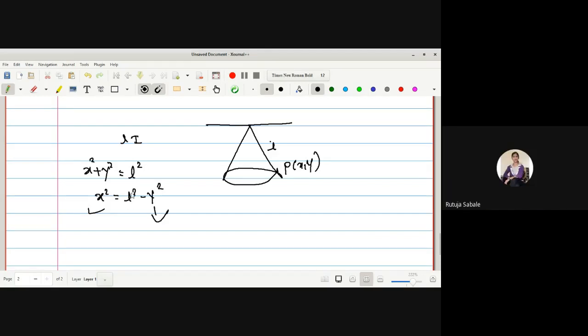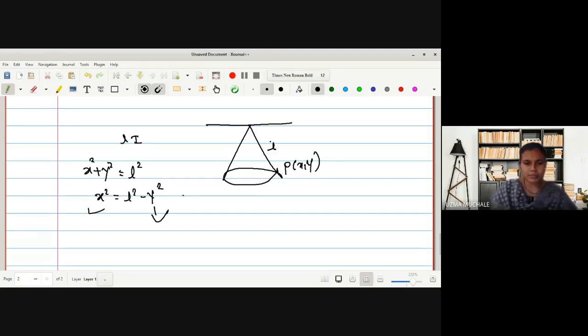Yes, ma'am. So what do you mean by this? It means that they are linearly dependent. Hence we cannot have linearly dependent coordinates. We must have linearly independent coordinates. So for that, we have introduced one more generalized coordinate, suppose theta.